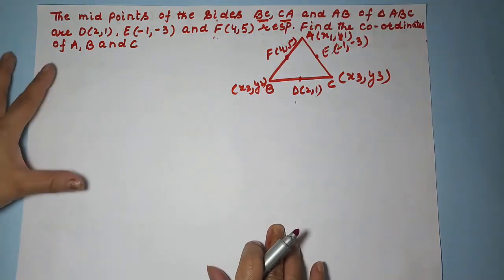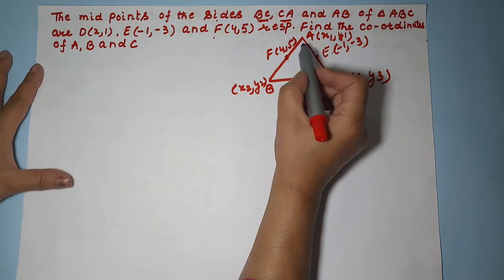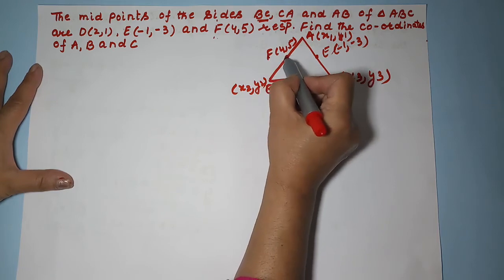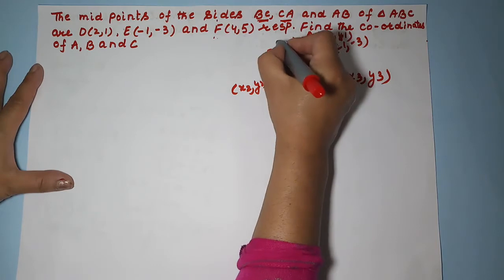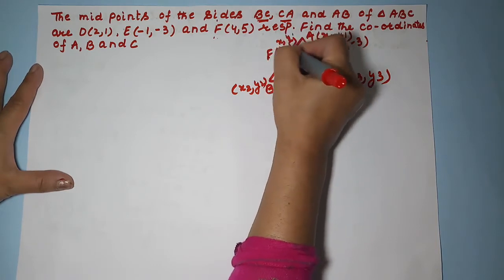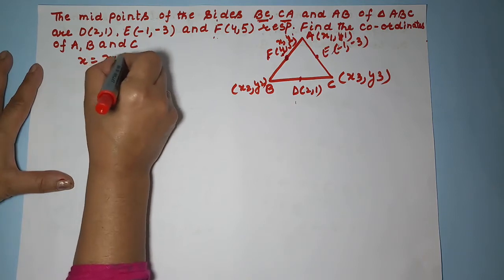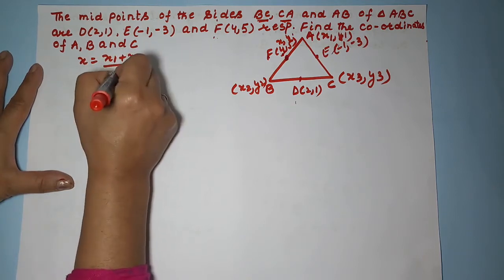Now, if we remember, we have done the midpoint formula, right? What does that say? If this is the midpoint, then this point, we can say this is x and this is y. So the x coordinate is equal to x1 plus x2 by 2.